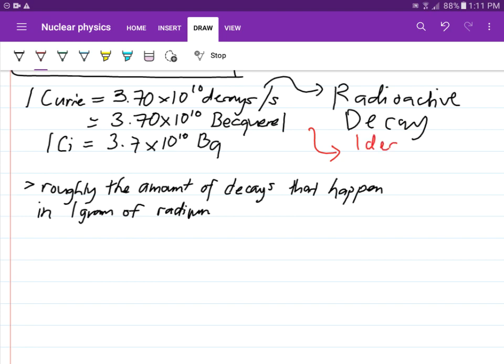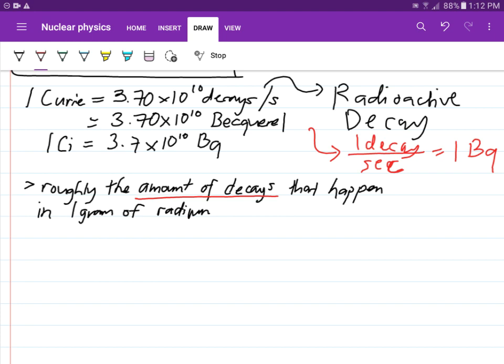So 1 decay per second is equal to 1 becquerel. The symbol for curie is Ci, and for becquerel is Bq. 1 curie is roughly the amount of decays that happen in 1 gram of radium.